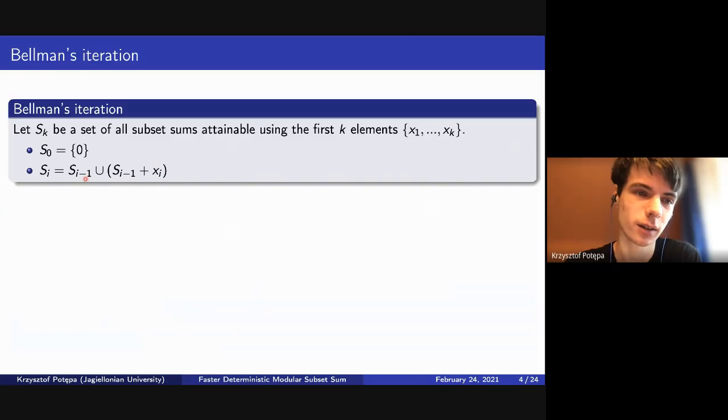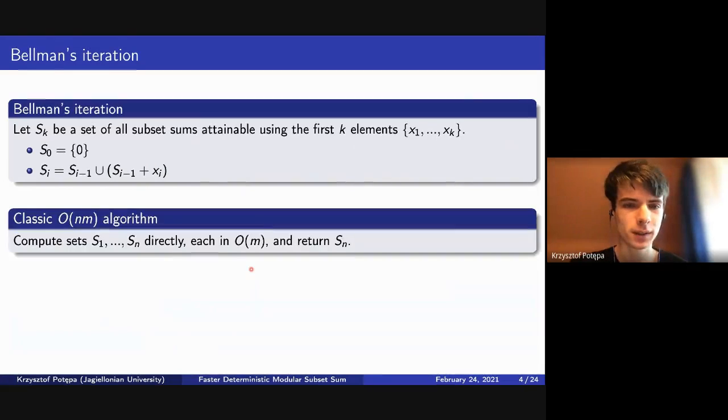So we take either S_{i-1} or S_{i-1} where we add x_i to each element. I'll use this notation for this. And the classic NM algorithm just computes these sets directly, each in time linear in m. And we basically want to somehow simulate it faster.